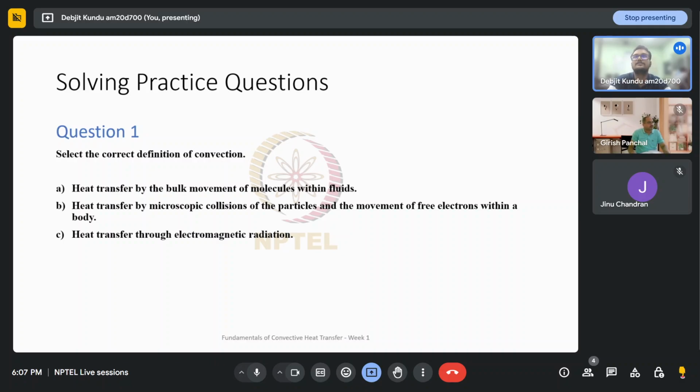And then we will look at the answer and have some discussions pertaining to it. The options are: option A, heat transfer by the bulk movement of molecules within fluids; option B, heat transfer by microscopic collisions of particles and the movement of free electrons within a body; or option C, heat transfer through electromagnetic radiation. Which of these statements gives the correct definition of convection?